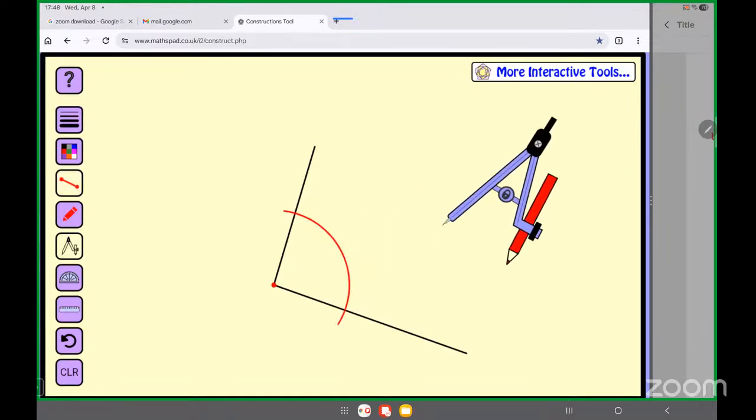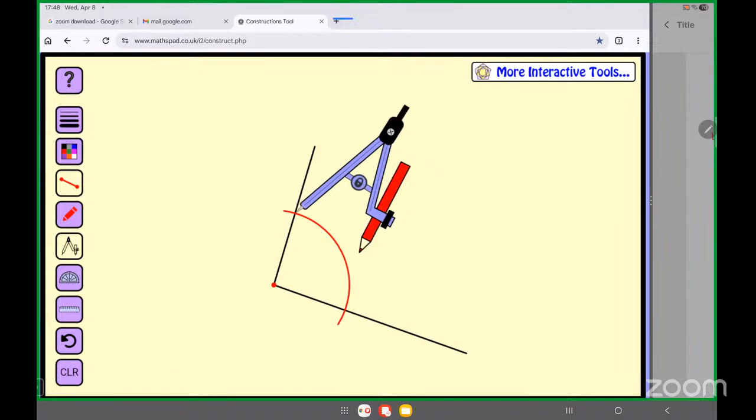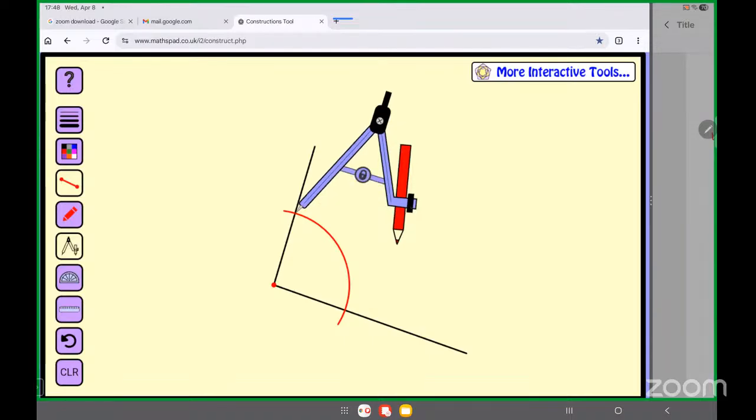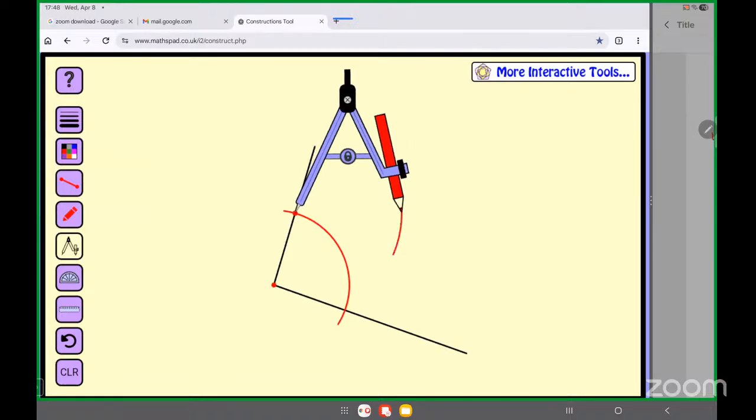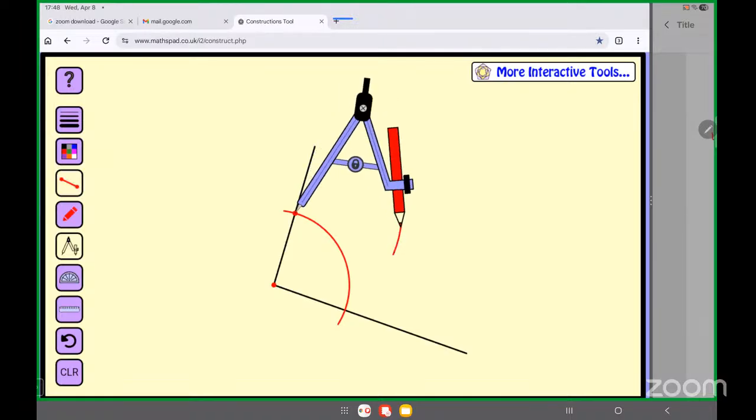That is the arc of the angle. I need to bisect that arc. So come to one end of the arc where it meets the line, and then I make an arc up here about where the middle or halfway mark would be.